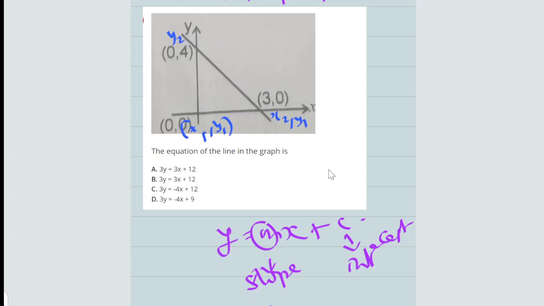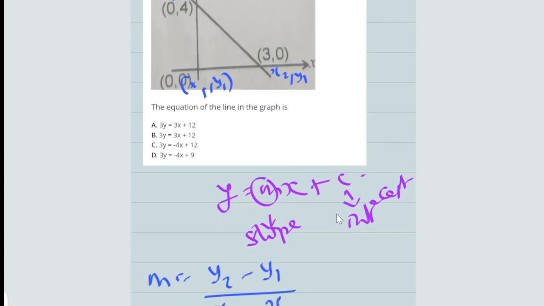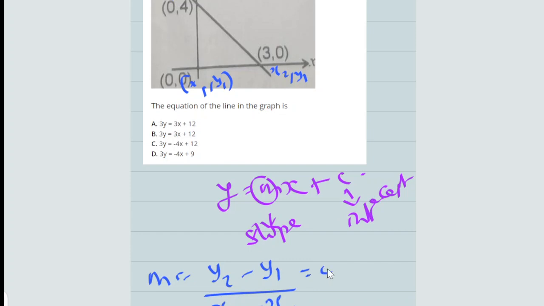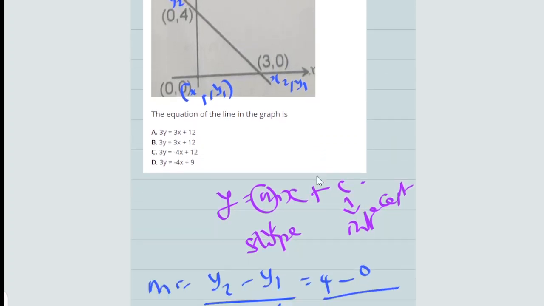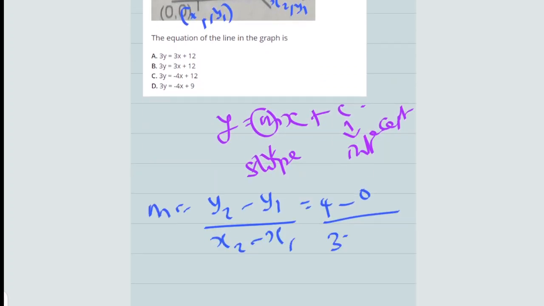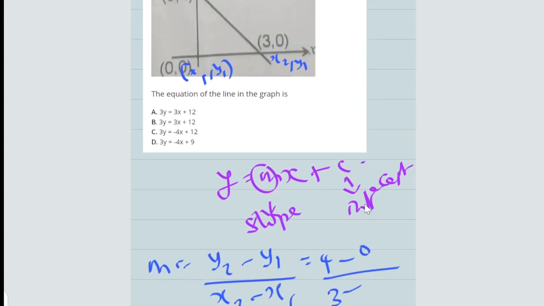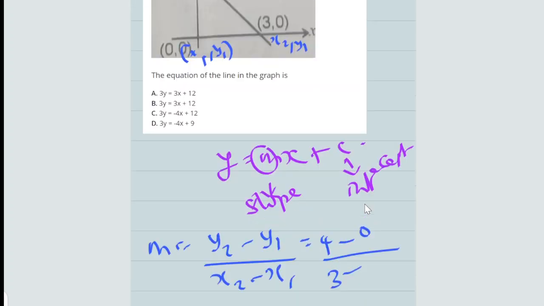Now from here my y2 is 4, minus my y1, which is 0, then divided by my x2, which is 3, minus x1, which is 0.